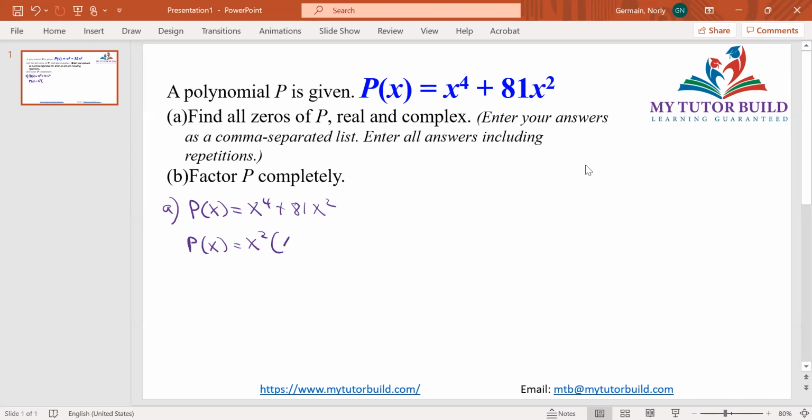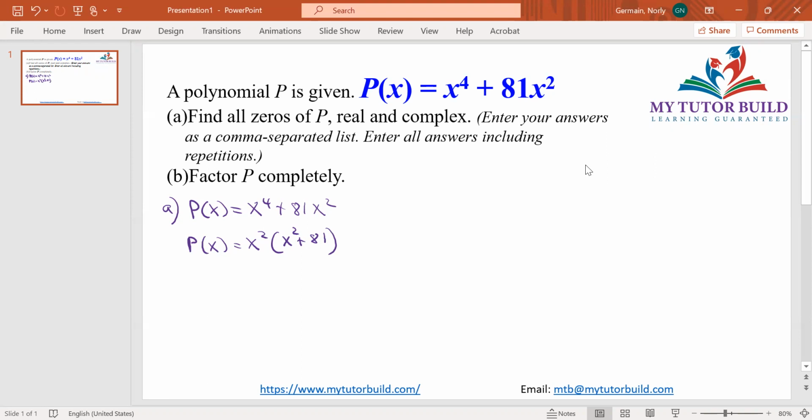So we have x squared times x squared plus 81. To find the zeros, you can set your polynomial equal to 0, or you can use the rational zeros technique, p divided by q, to identify all the potential zeros.